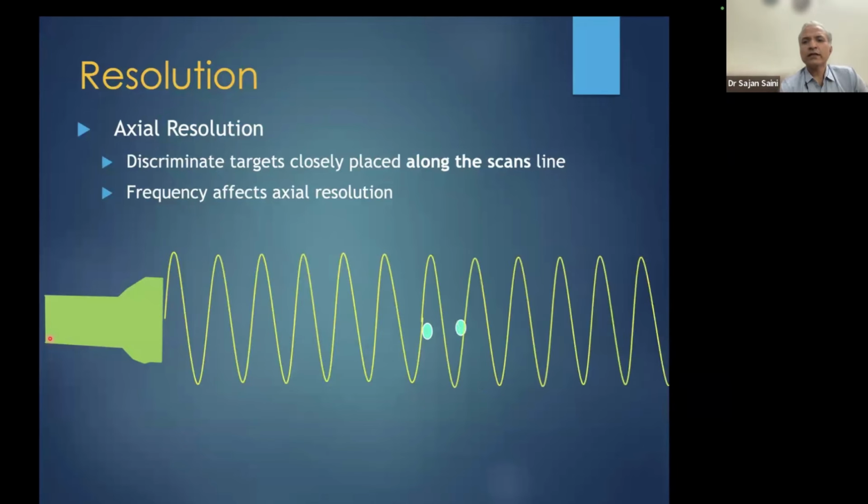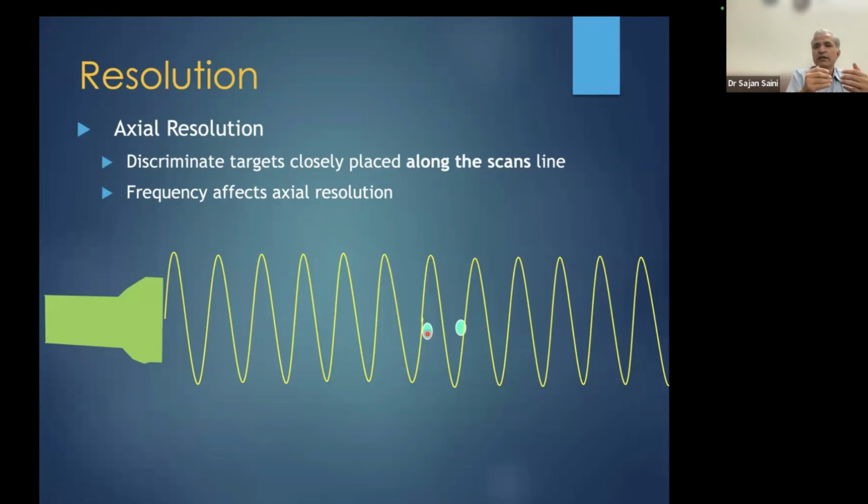In contrast, when we use an ultrasound probe with a higher frequency, they do fall in different waves, and thus the wave will hit the first object and come back, and the second object and come back in two consecutive waves. When two consecutive waves hit and come back, the machine will take them as two different objects.